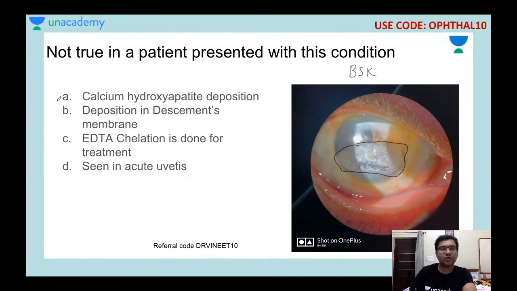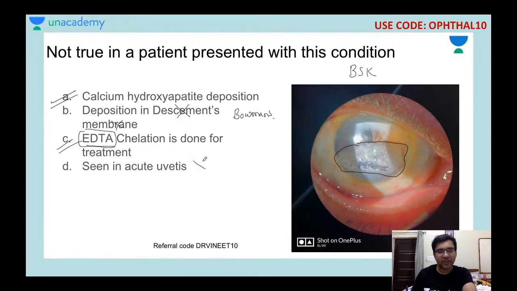And in band-shaped keratopathy, we have calcium hydroxyapatite deposition. Okay, so deposition in Descemet's membrane is the wrong statement. Deposition is not in the Descemet's membrane, it is in the Bowman's membrane. And whenever we have band-shaped keratopathy, to remove the calcium we can do EDTA, ethylenediaminetetraacetic acid, chelation.